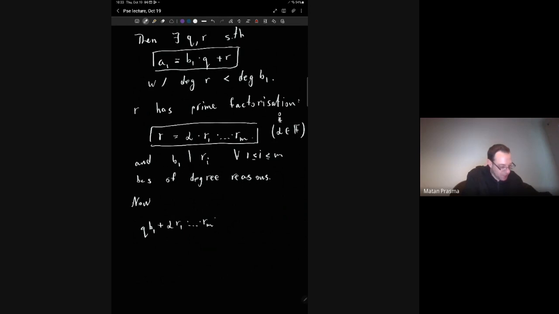This is basically A1, right? So now I multiply by the rest of the A's. So it was A2 up to AK. And this has to be equal to B1 up to BL.